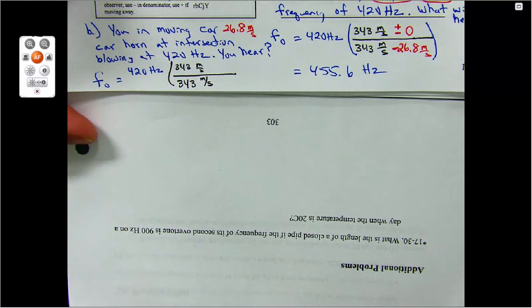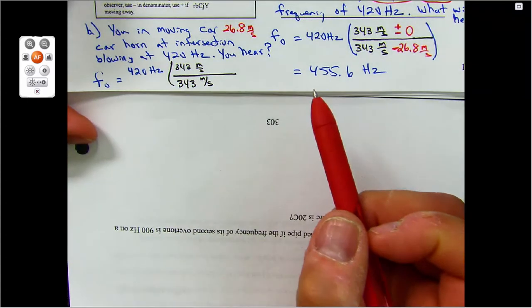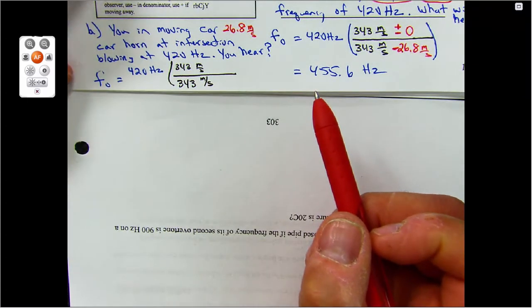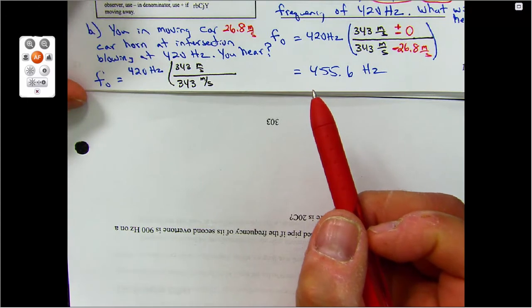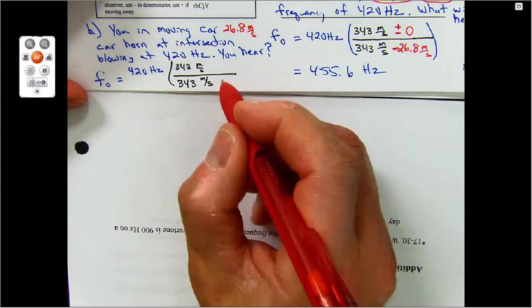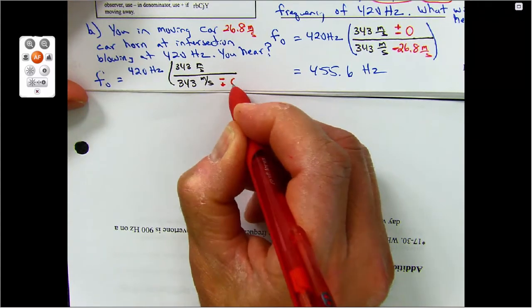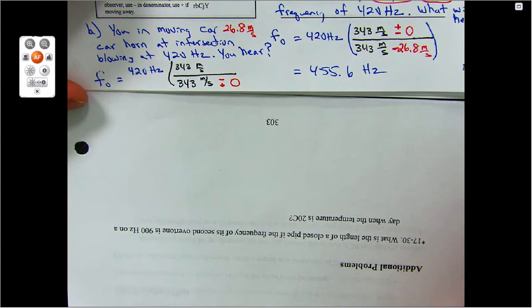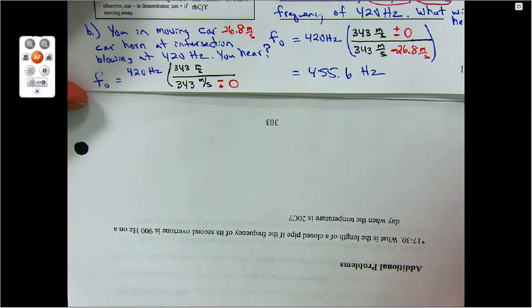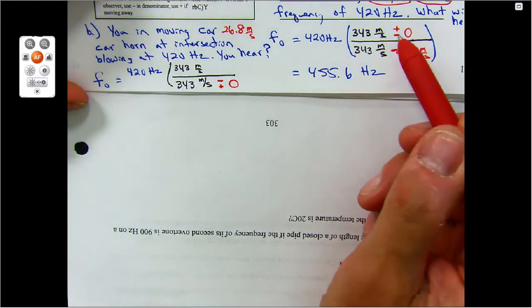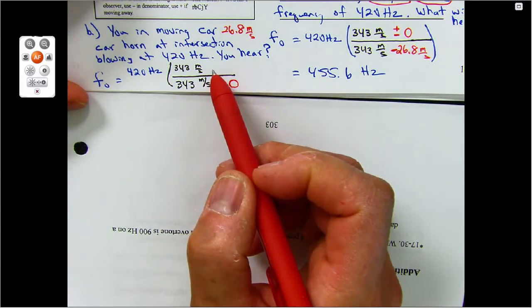Now, who is moving, the source or the observer? The observer is moving. But down here, it's going to be 0, right? The source is not moving. Now, we have the opposite over here. We need to put that number in the numerator.